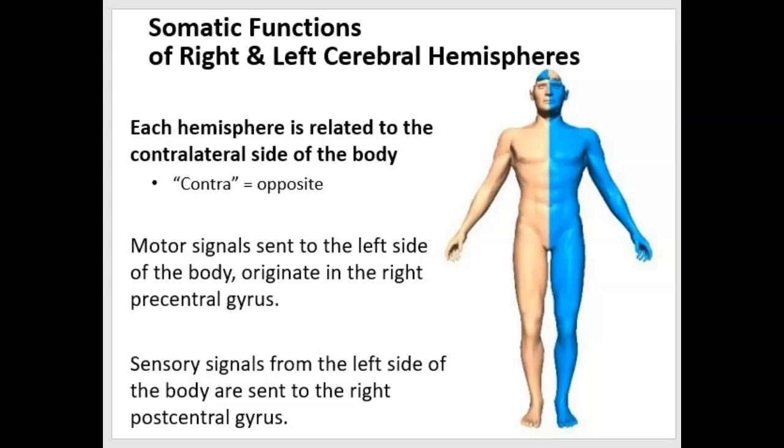To describe how this information is sent, or the pathway, we often use the term contralateral, and that describes that each cerebral hemisphere is related to the opposite side of your body, at least for somatic information.